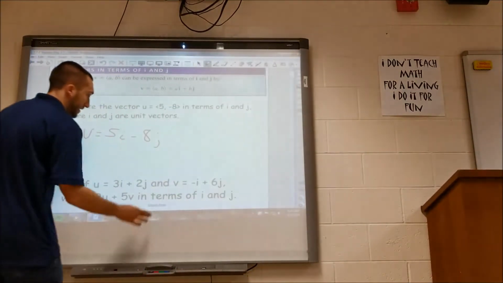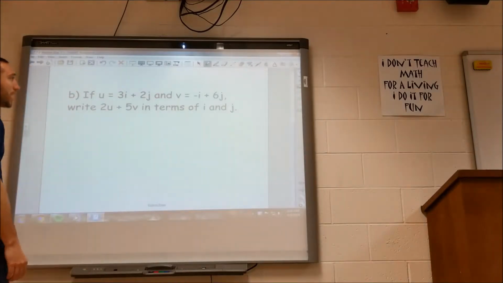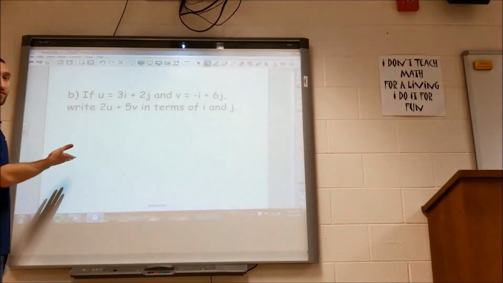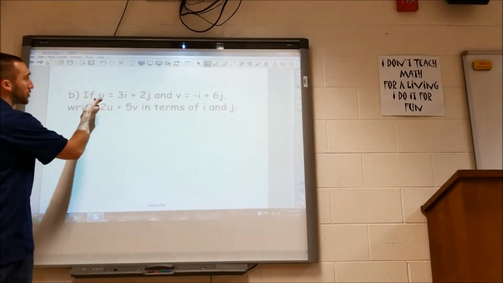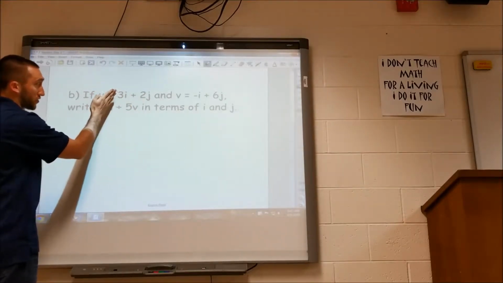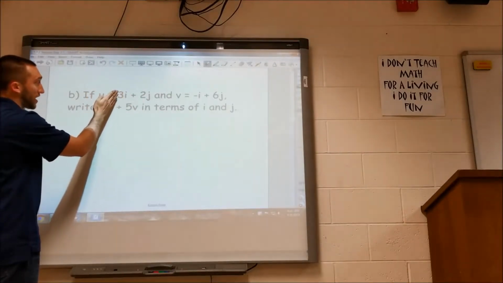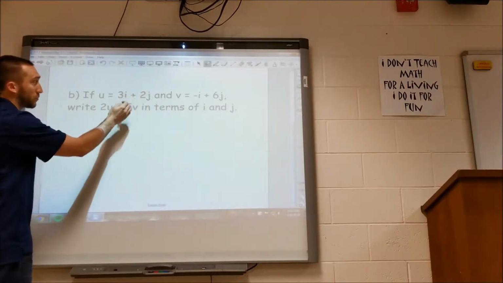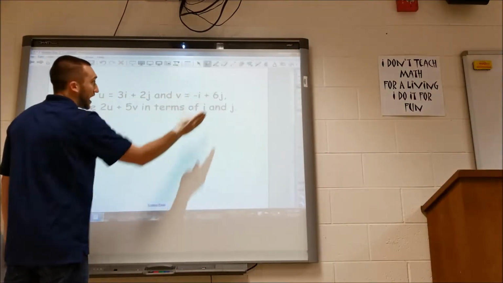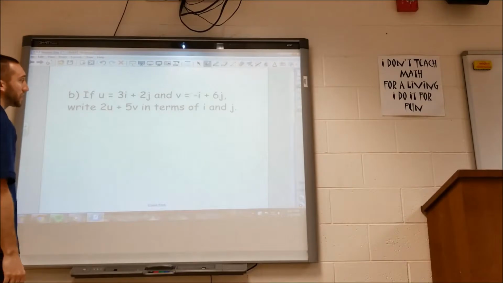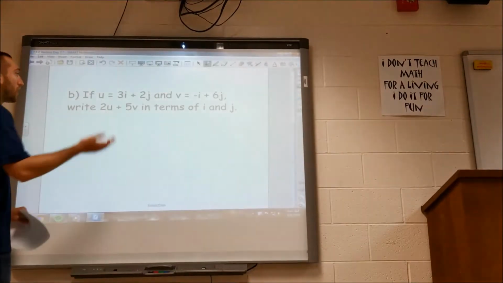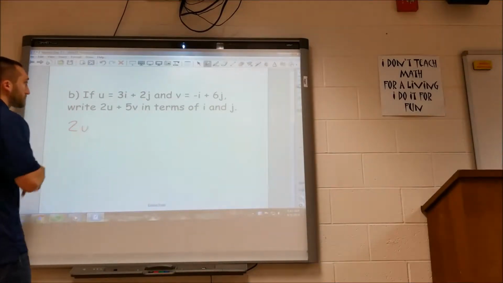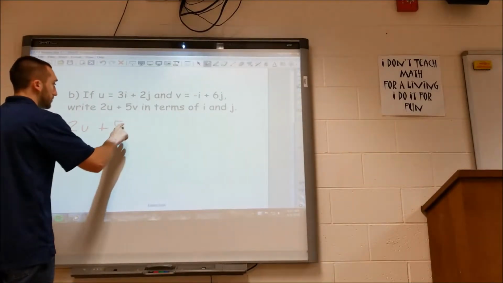Once we do that, we can manipulate it like we did in the first half of chapter 7, section 7.7. So if we're given U is this, remember, just think of this as 3I as the X component and 2J as the Y component, and V is negative I plus 6J, find 2U plus 5V in terms of I and J. So I want 2U plus 5V.